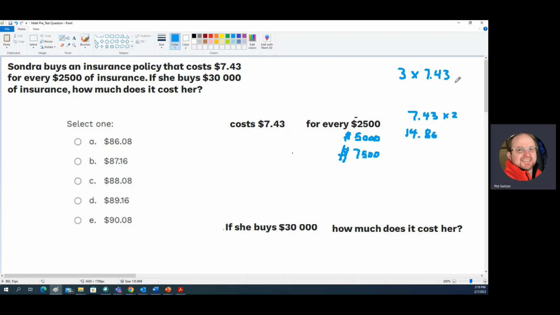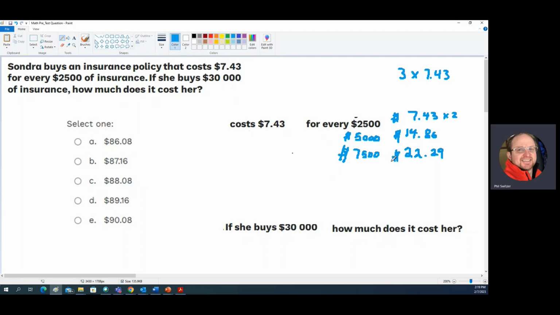I'm just trying to understand the question: 2,500 is $7.43, therefore 5,000 is $14.86. So now we just go 3 times 7.43 to find out that $7,500 would be $22.29 of cost.